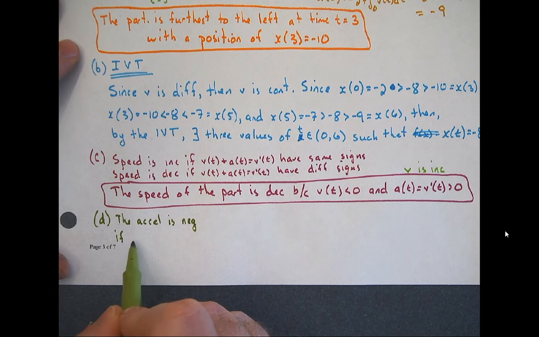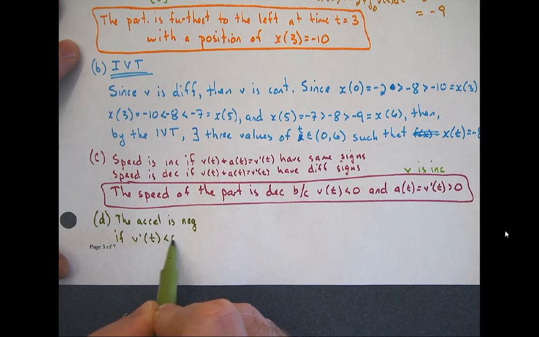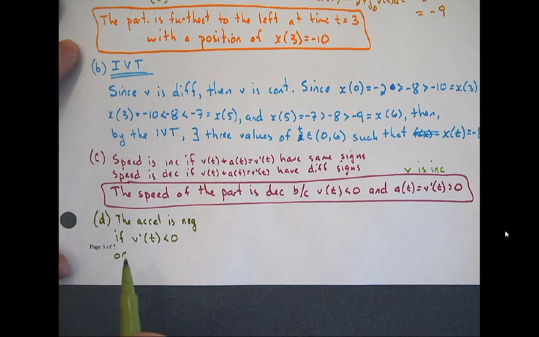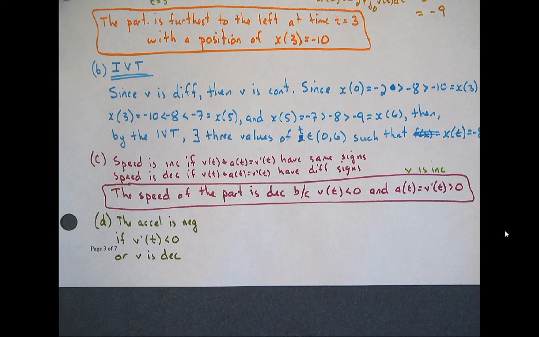If v prime of t is less than 0, or we could say v is decreasing. So that's the rationale, that's our justification.